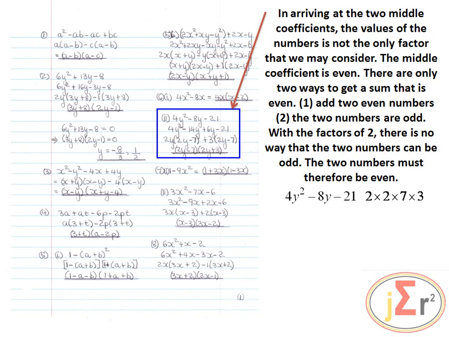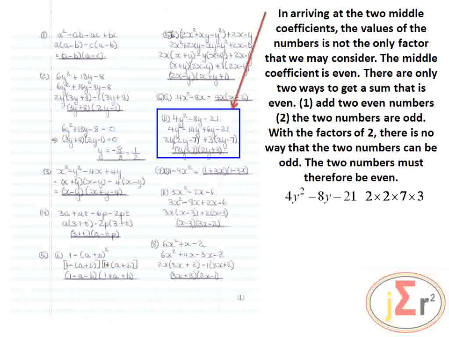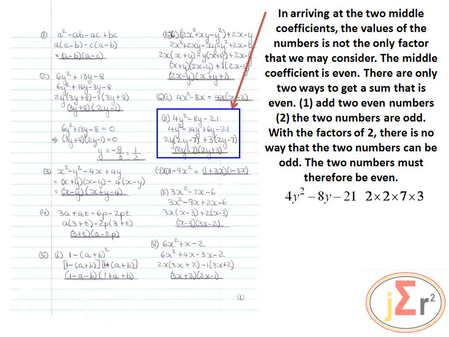We can arrive at an even number in only two ways: if we add two even numbers and if we add two odd numbers. We definitely have to conclude that the two numbers cannot be two odd numbers because of the presence of the even factors. Therefore, we are sure that the two numbers must be even.